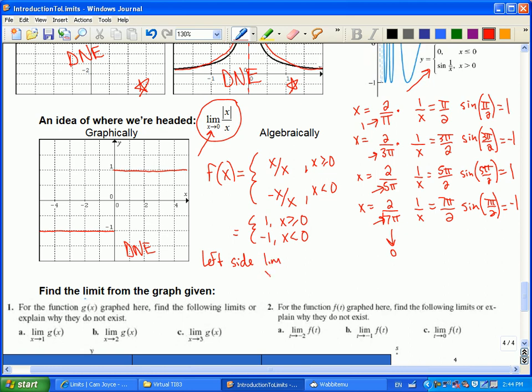So now with algebra, I can show that the left-hand graph, the limit as x goes to 0 of f of x is the limit as x goes to 0 of -1. This is the left one here, and this is the right one here.